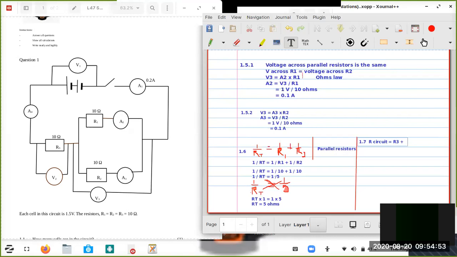plus resistor total, right? Why resistor total? Because we use the total resistance for those that are parallel to each other. Why are we saying that? The reason is we are looking at resistors in series.